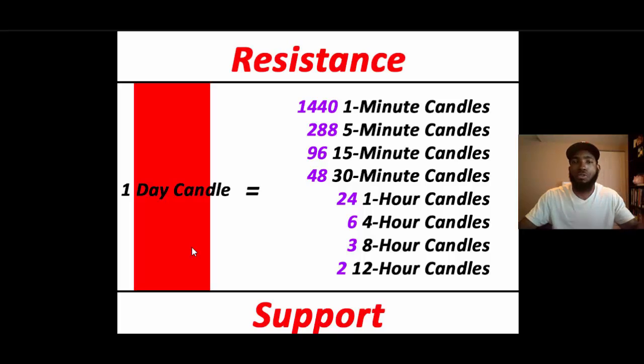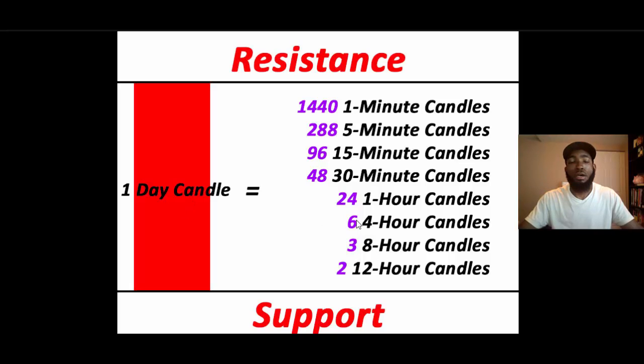So if you can see this in your mind, you have this one great big day candle, and then as you go down the line, you now have two smaller 12-hour candles. All right, for those of you who trade at 12 hours, and then you go down to the next one, you have three 8-hour candles that are a little smaller than the 12.